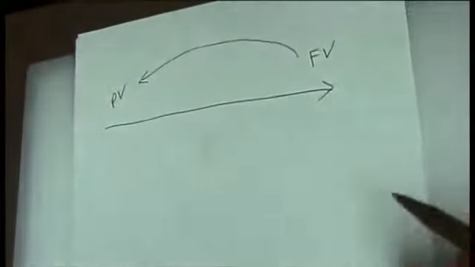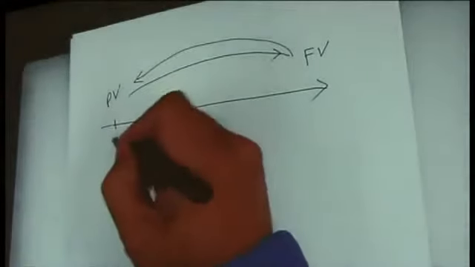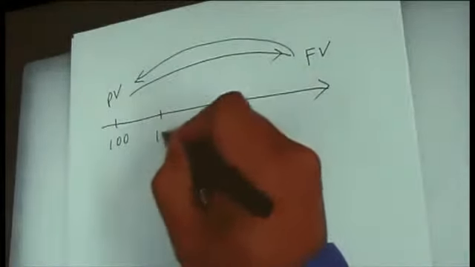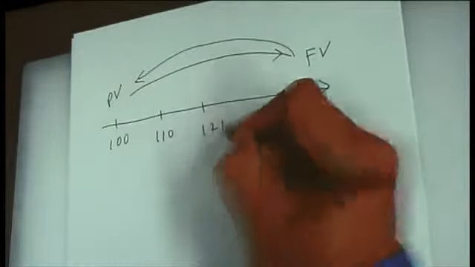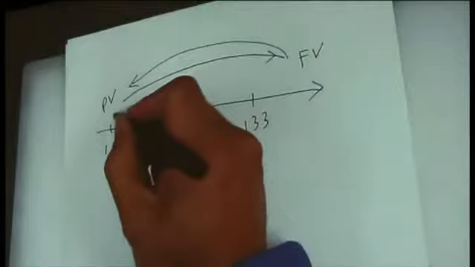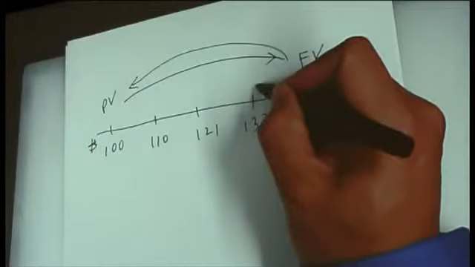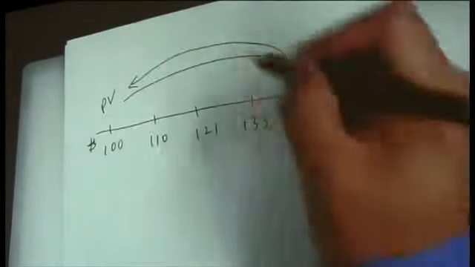What I'm saying is, if you came from here to here, you should be able to go from here to here. If you were able to go from $100 to $133, you should be able to go back.